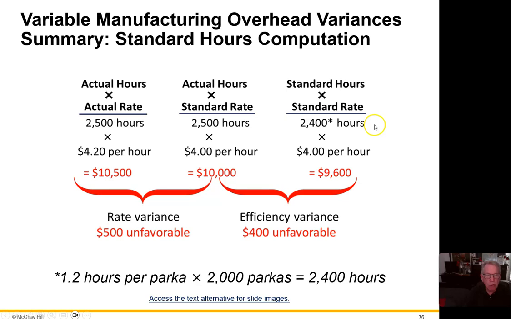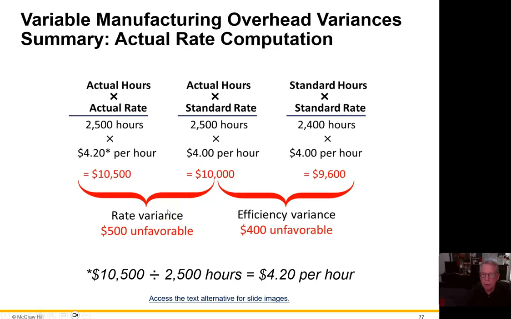So that gave us a standard of 2,400 hours times the $4 that was given as our standard rate. And over here, same thing. We took the $10,500 and divided that by 2,500 hours to get the $4.20 per hour.